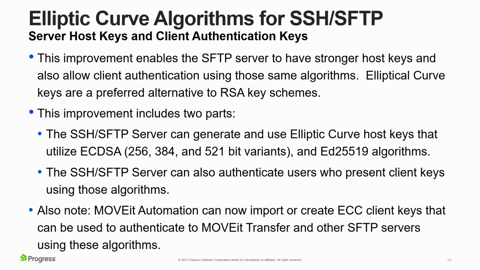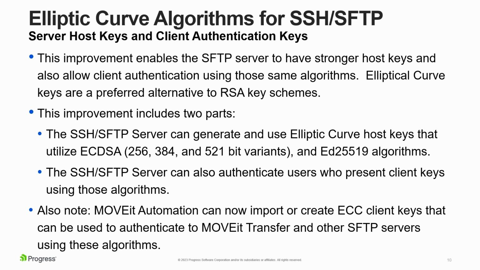Yeah. So you may have noticed, folks, that over the past release or so, for both Automation and Transfer, we've been modernizing the SFTP stack. You may have noticed words about elliptic curve in the previous release, and there was some elliptic curve in previous releases, particularly in key exchange.